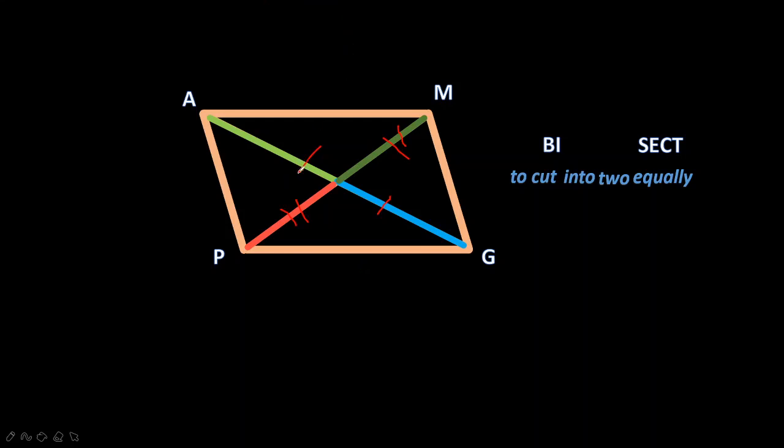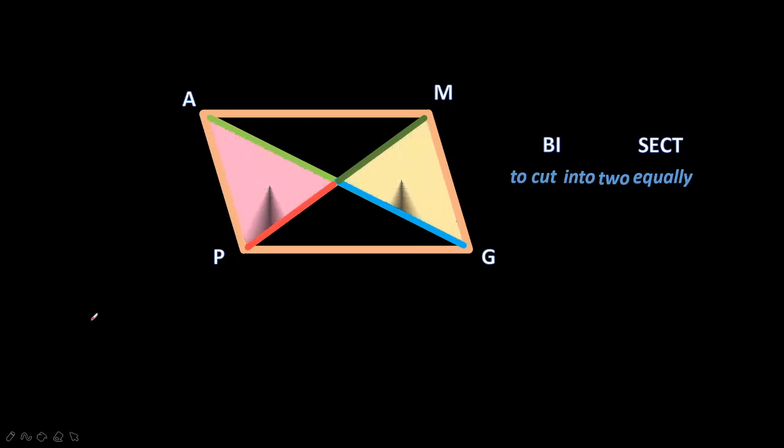So does PM cut diagonal AG into two equal parts? That means does PM bisect AG, and does AG bisect PM? That's what we need to prove, or we need to check. So how to check that? Imagine these two triangles. There are four triangles now actually, but imagine these two triangles.